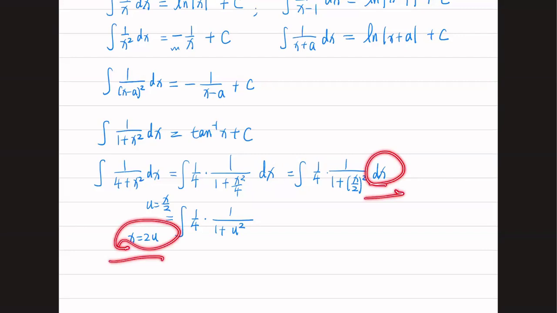If x is 2u, how does dx change? What's the derivative of x with respect to u? So this time just 2 du. So we can replace dx by 2 du.